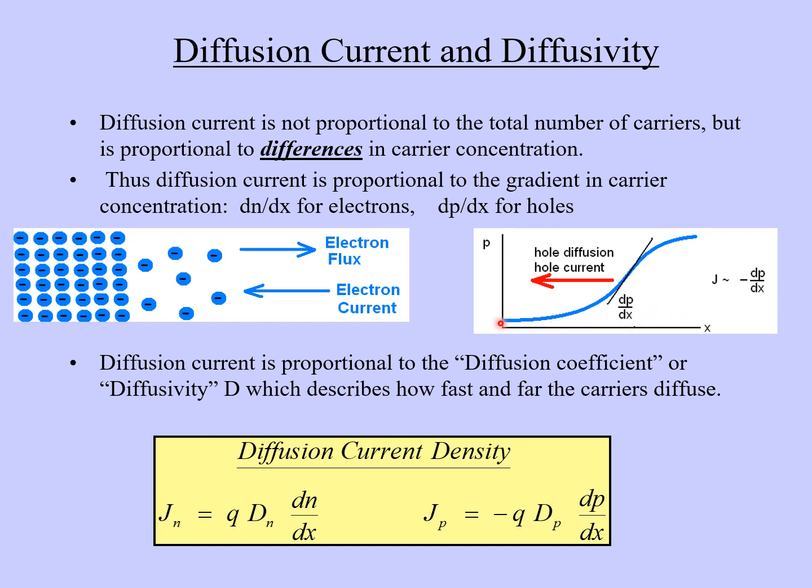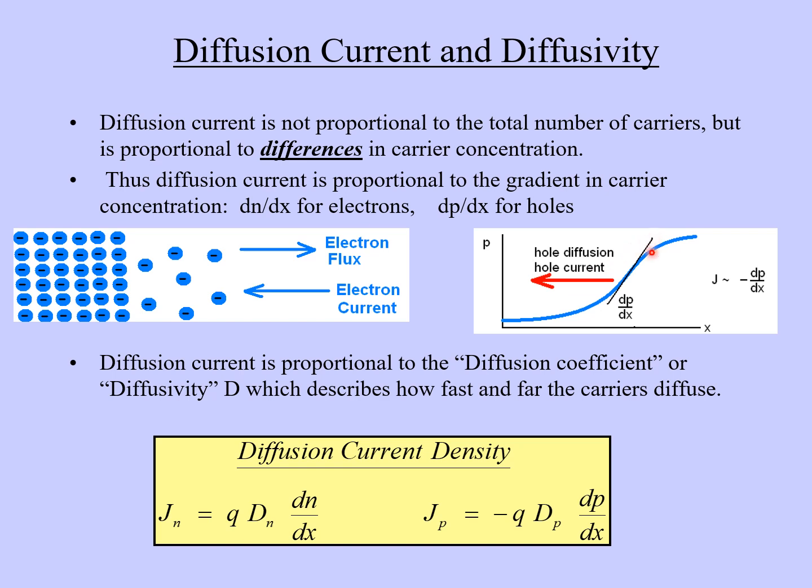So notice in this graph here, we've got very few holes over here, and we've got more holes over on the right side. If we want to calculate the diffusion current at any given point here, all we have to do is calculate the slope of this profile. That's dP dx. And also remember that the holes, in this example, are going to diffuse to the left.